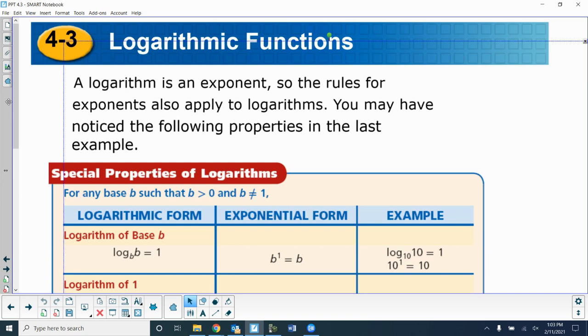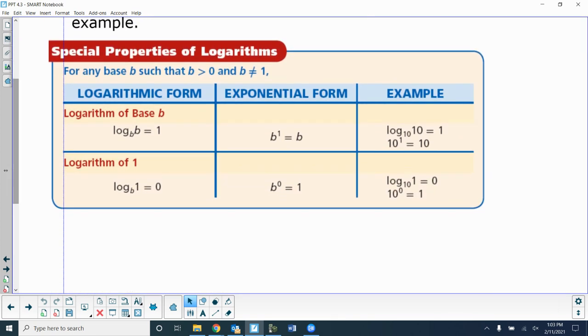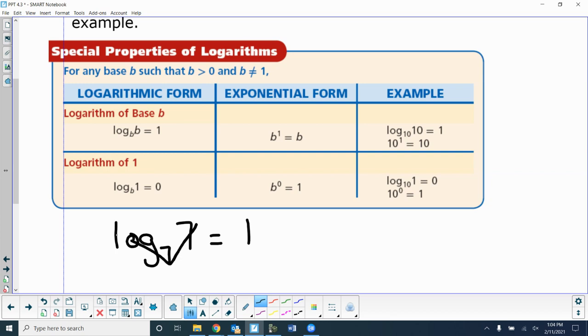All right, John, let's go. A couple of special properties of logarithms. If the base and the number are the same, like log base 7 of 7, what's the answer always going to be? 1. Basically, they cancel each other out.